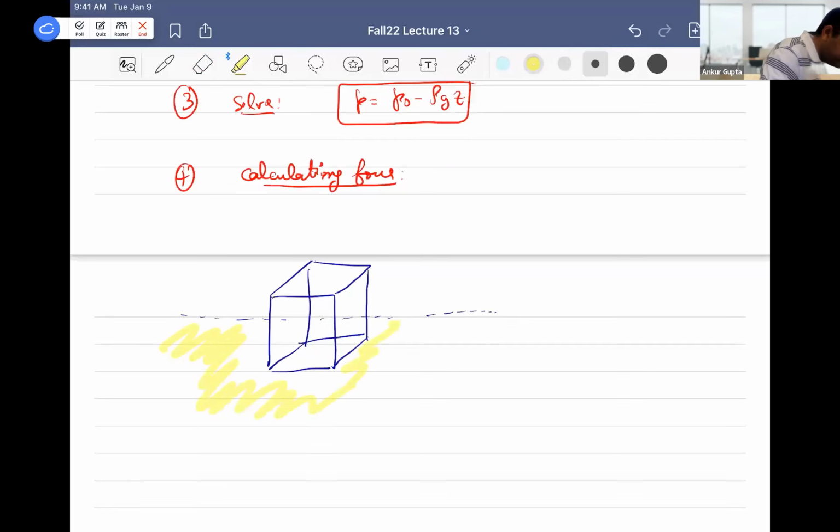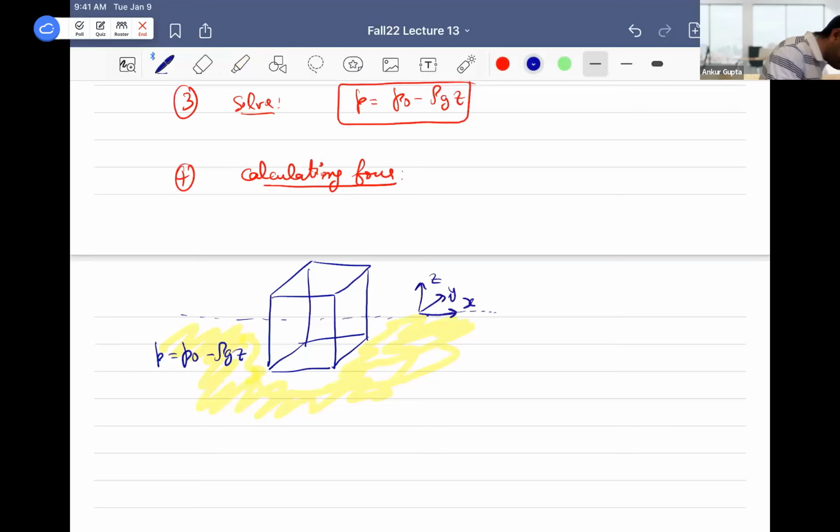So this is the water phase. And we have pressure. Remember, pressure is P naught minus rho G z, where x, y, z. Pressure is equal to P naught here. Okay. So this is my system.